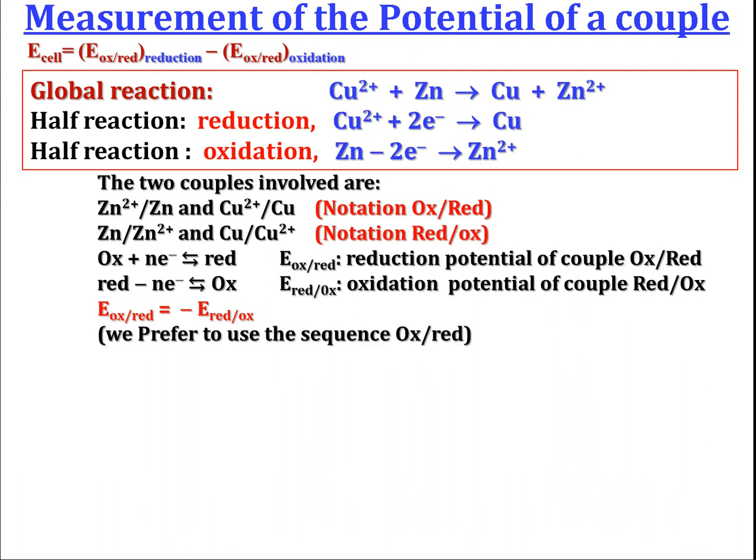But if we start with the base of the couple, we prefer to use Kb. And if we start with the acid of the couple, we prefer to use Ka.